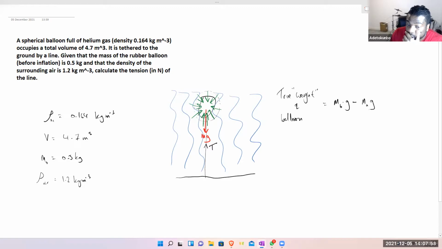Now I can already tell you that the weight of the air that has been displaced is going to be a lot higher than the balloon because of the different densities.